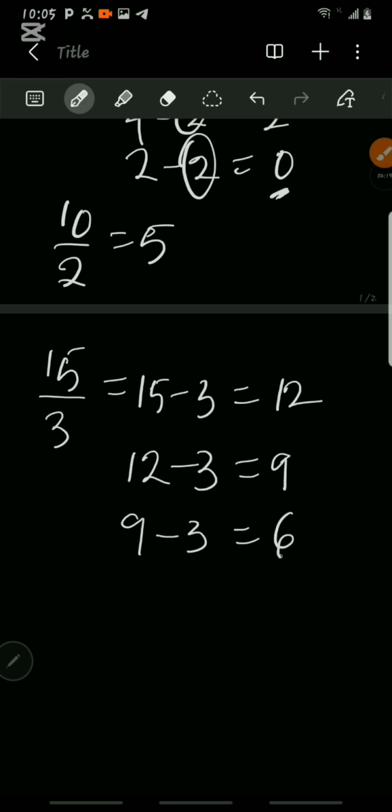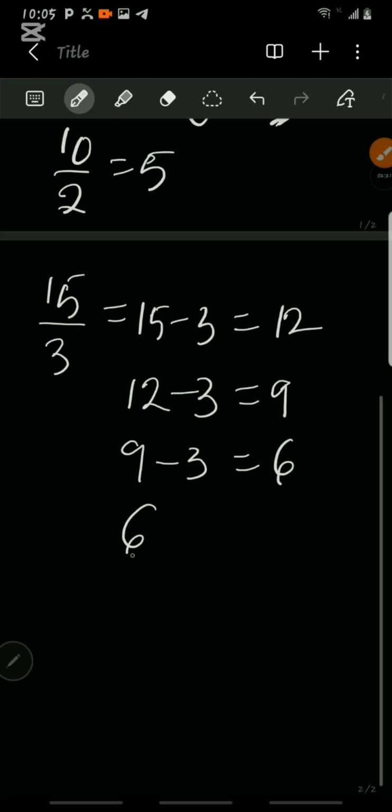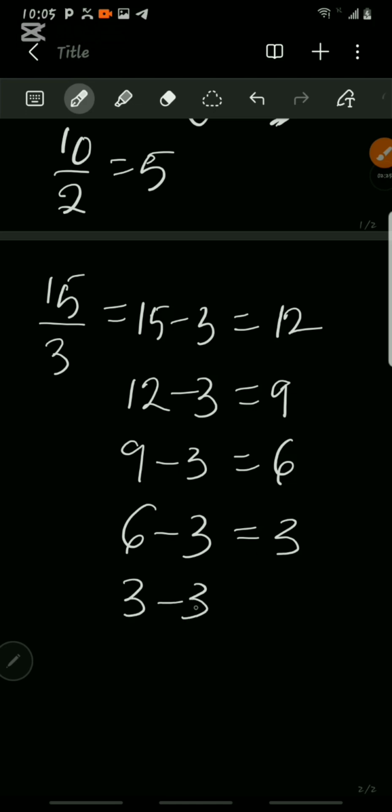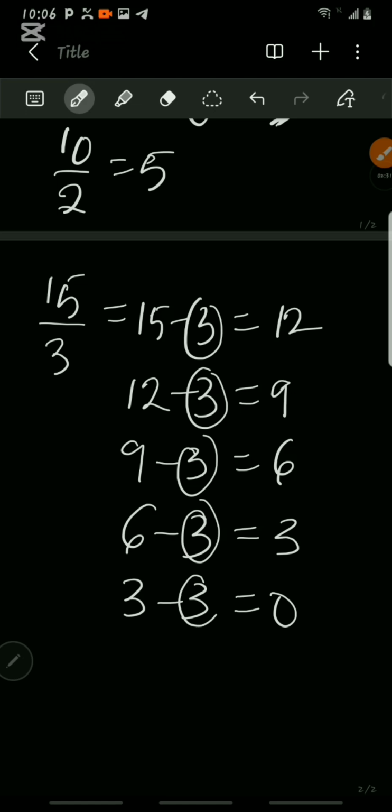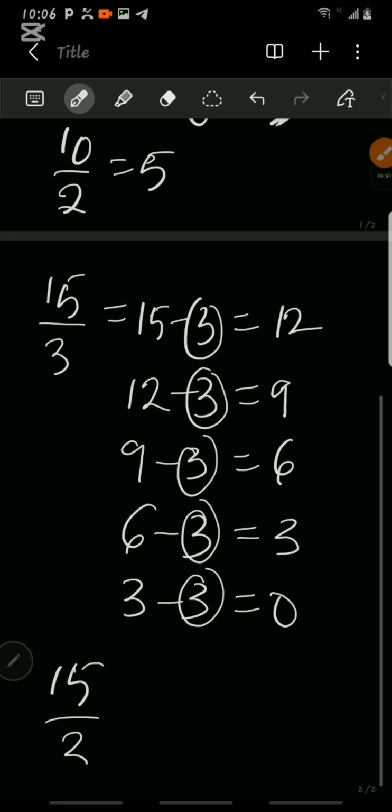That gives us 6. And then 6 minus 3. That gives us 3. And then 3 minus 3, that gives us 0. Right? So if you count it, 1, 2, 3, 4, 5. That means we subtracted 3 from 15 5 times. That's why we say 15 divided by 3 is 5.